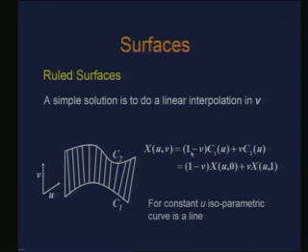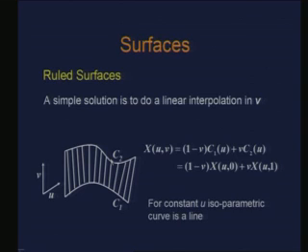If I have these contours defined as C1(u) and C2(u), then if I look at the isoparametric curve for constant u, it is just a line. That is the simplest way of constructing a surface which interpolates the curves C1 and C2.